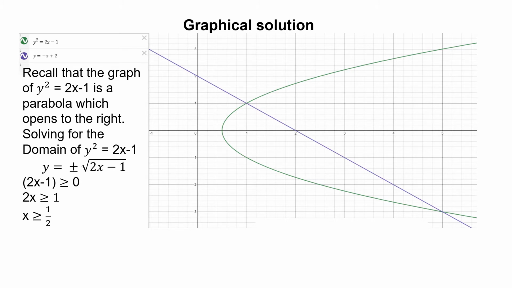And how did we get the following graph? How did we get this parabola here? We can take values for x here and substitute, as long as x is greater than or equal to 1/2. Substitute to the equation and solve for the value y. And we have the following table.